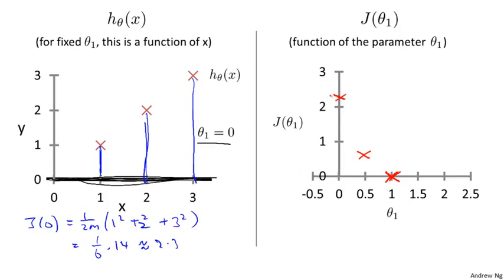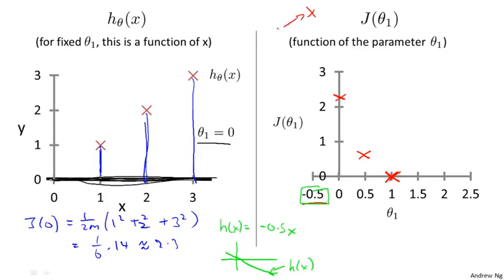And of course, we can keep on doing this for other values of theta 1. It turns out that you can have negative values of theta 1 as well. So if theta 1 is negative, then h of x would be equal to, say, minus 0.5 times x, right? If theta 1 is minus 0.5. And so that corresponds to a hypothesis with a slope of negative 0.5. And you can actually keep on computing these errors. This turns out to have a really high error.